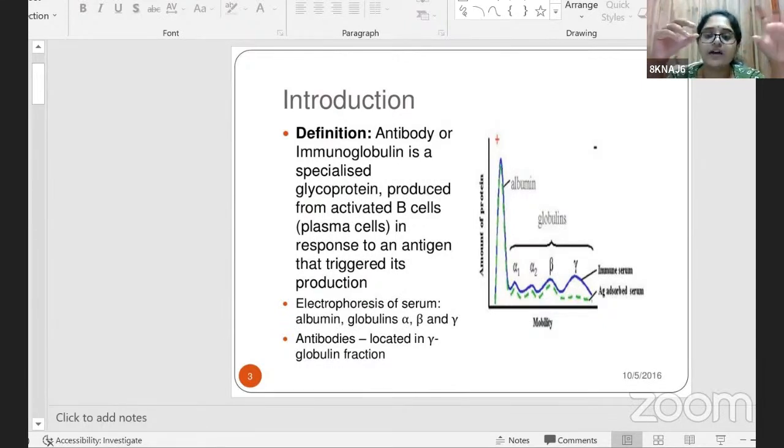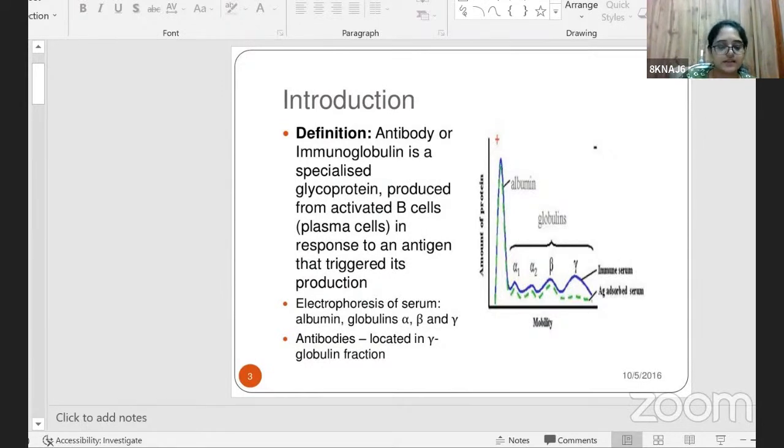After knowing the structure of the antigen, an antibody is produced matching the structure of the antigen. So it is all very specific. A single antigen can be bound to a single antibody which is specific to that antigen.